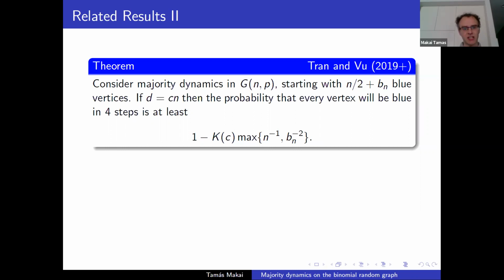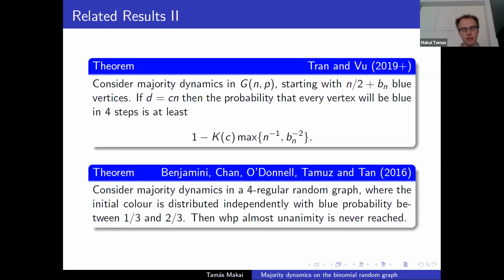So based on these results, one can see that in the binomial random graph model, at least for a large range of the average degree, there is a tendency for the majority dynamics to reach a unanimous or almost unanimous state. However, this isn't the case for other random graph models.